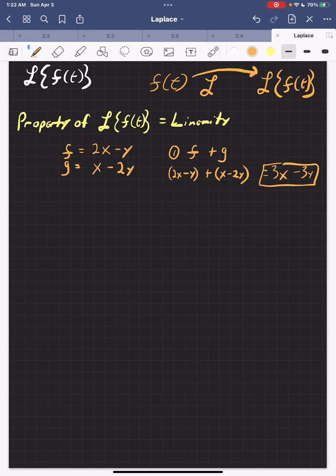Now, the idea of the linear transform has two conditions in order to say that it maintains linearity from the transformation.